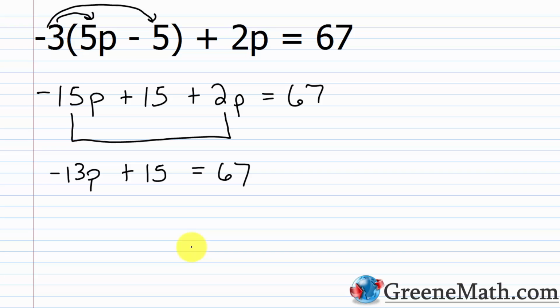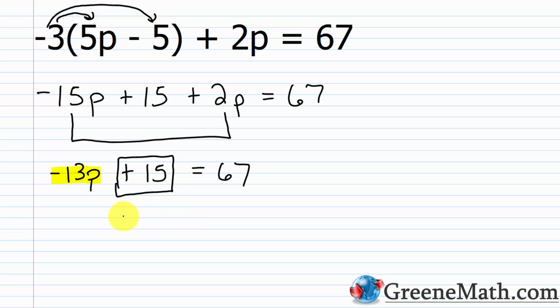And so now I move on to the next step where I'm going to isolate the variable term on one side of the equation. Now, if I look at my variable term, it's negative 13p. What's being done to it? Well, I'm adding this 15 right here. So in order to isolate negative 13p, I need to do the opposite operation. I need to subtract 15 away. Or you can think about it as adding negative 15 to both sides, right?